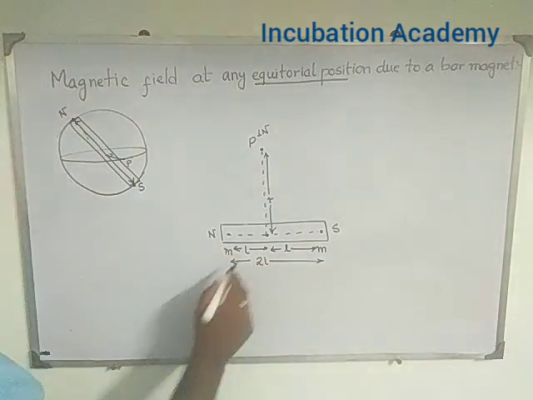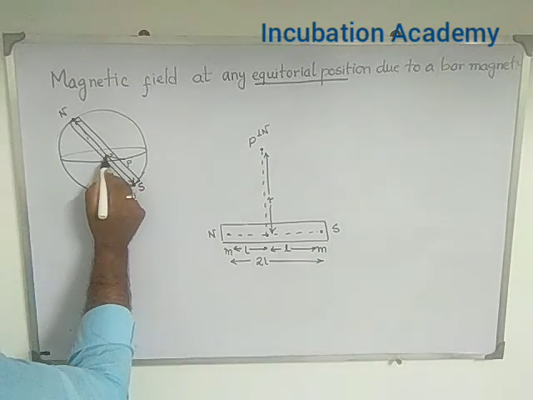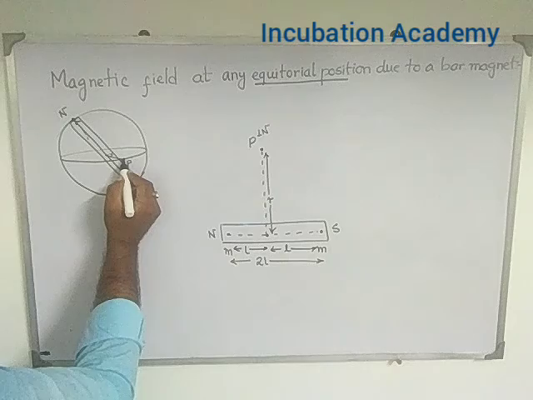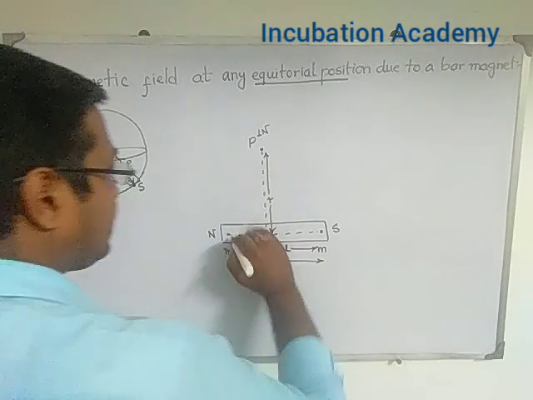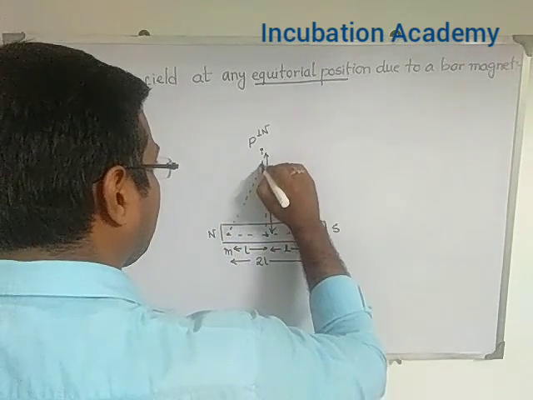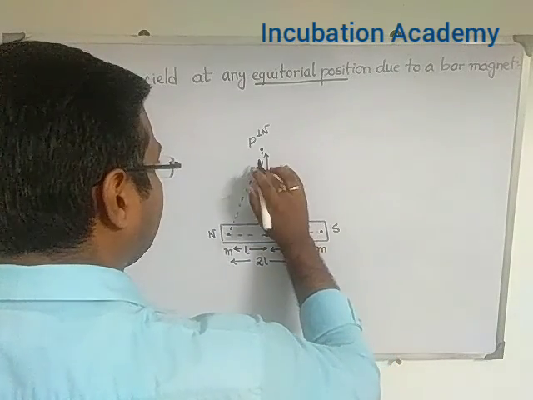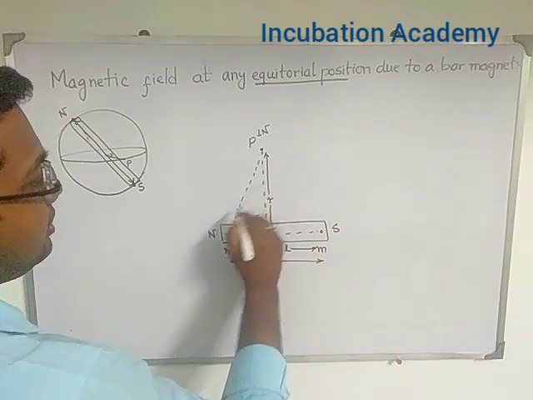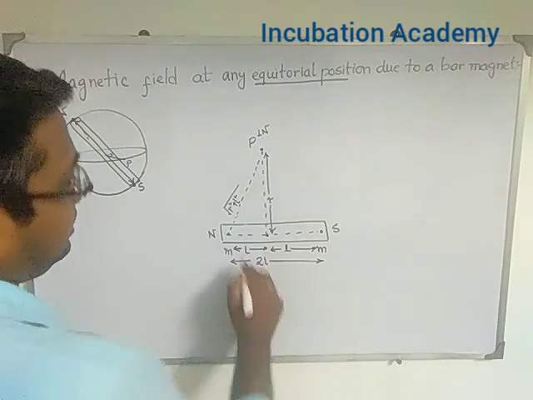So I am basically considering a point on the perpendicular bisector, that is the equatorial position that we have understood from here. That is a point on the perpendicular bisector. If it is r and if it is l, then the length between the point A and the point P will be root over of r square plus l square.